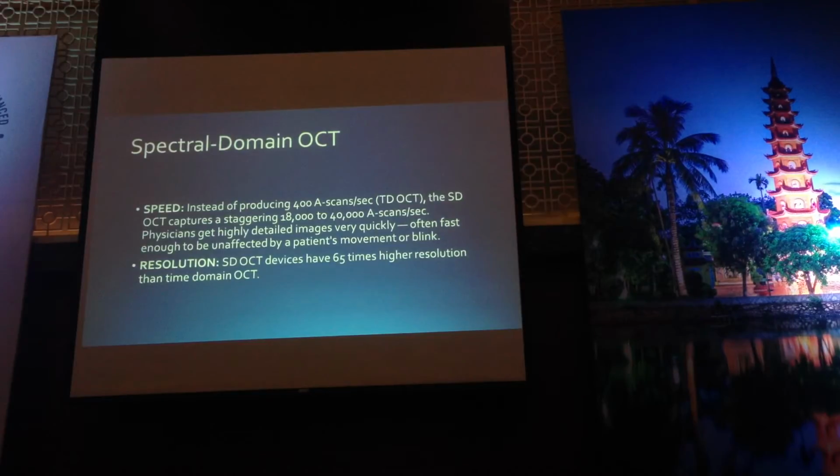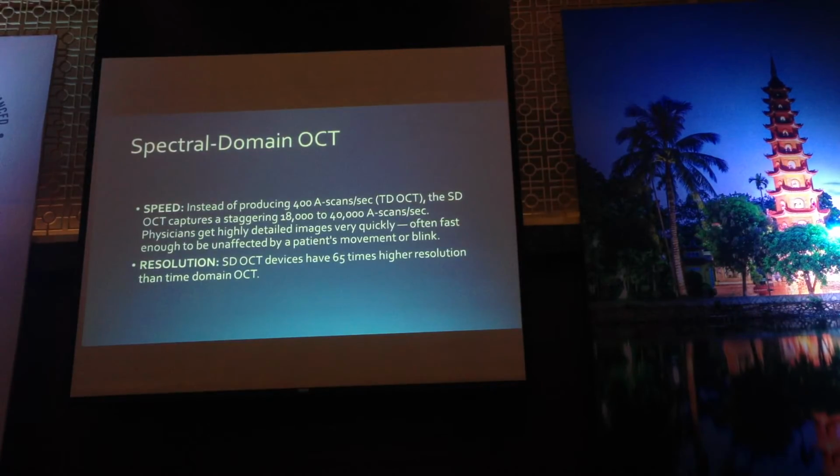The advantage of a very high speed scan is that it isn't affected by the patient's movement or blink, unlike the time domain OCT. In a time domain OCT strip, quite often you see a wavy line, right? That is caused by the patient's movement. It doesn't occur very often in the spectral domain OCT.